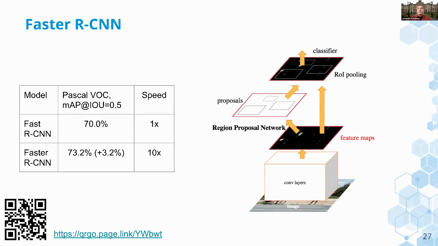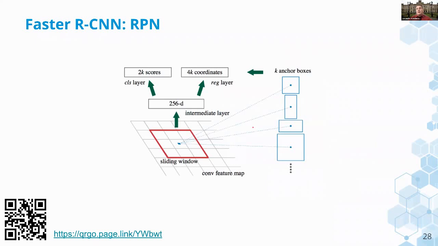So let's review how this region proposal network works. It was built on one simple but powerful idea. Imagine that we are sliding over our feature map with a sliding window, and imagine that the center of this window is lying at this feature cell.